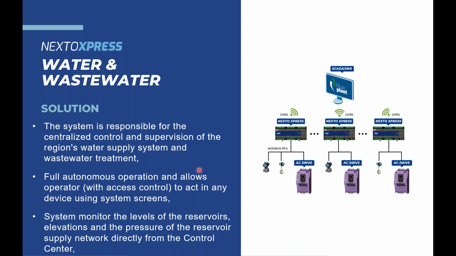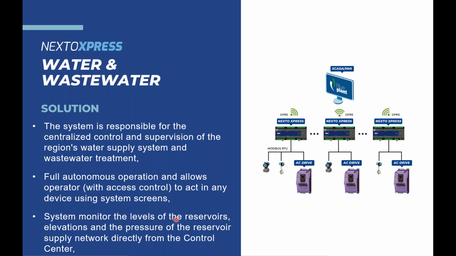And of course, we can allow operation from the control center to act on the devices, inverters, or pumps with access control. So we can control which operator can do what, and who has the privilege to start pumps or just to monitor pumps.